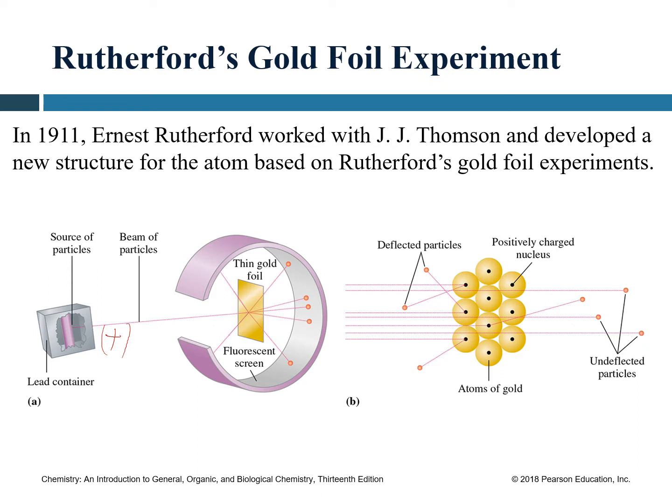But what he noticed is that some of the particles passed through the foil, but most of them were deflected. Some of them were deflected at an angle, and some of them completely came back, returning in the opposite direction.